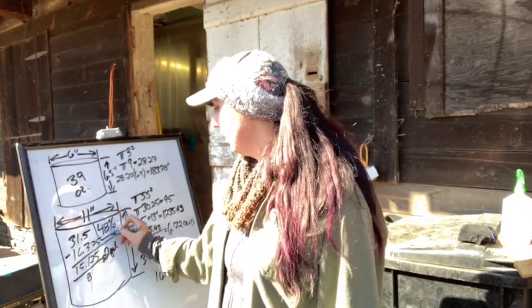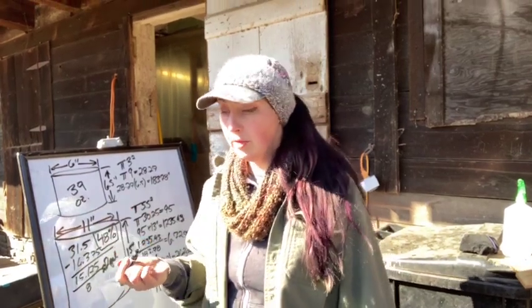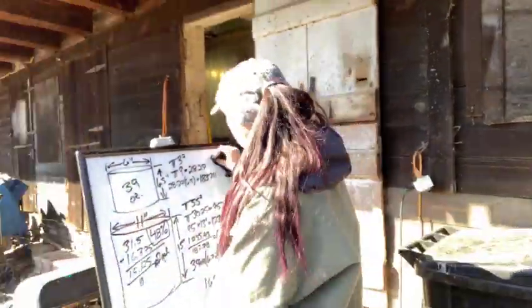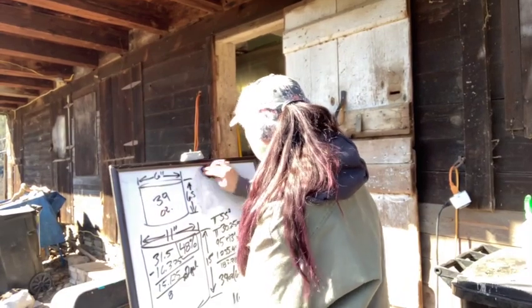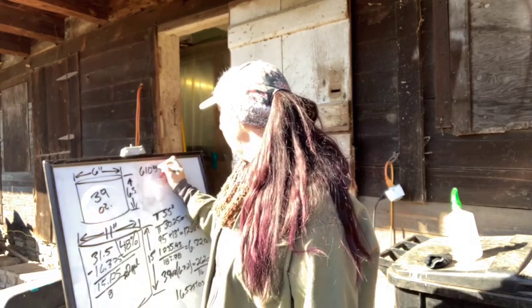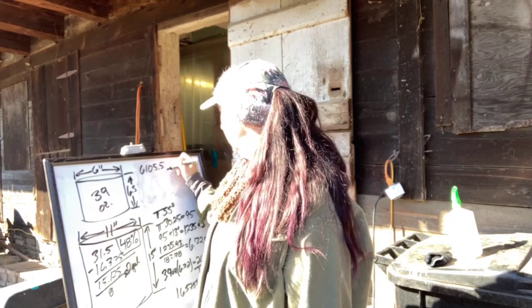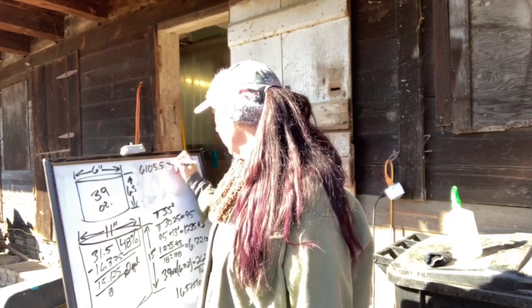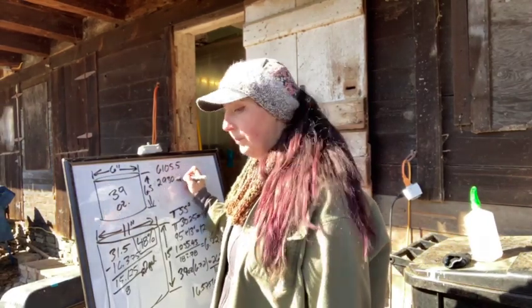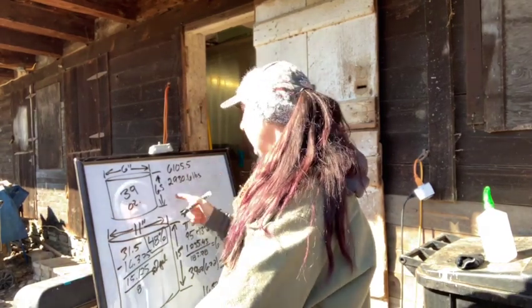So 48% of 6,105.5 pounds equals 2,930.6 pounds of that is water.